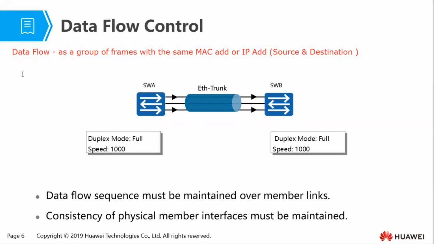Okay, so a data flow is a group of frames with the same MAC and or IP address that is in the source and the destination fields of either the data link layer header or the network layer header.